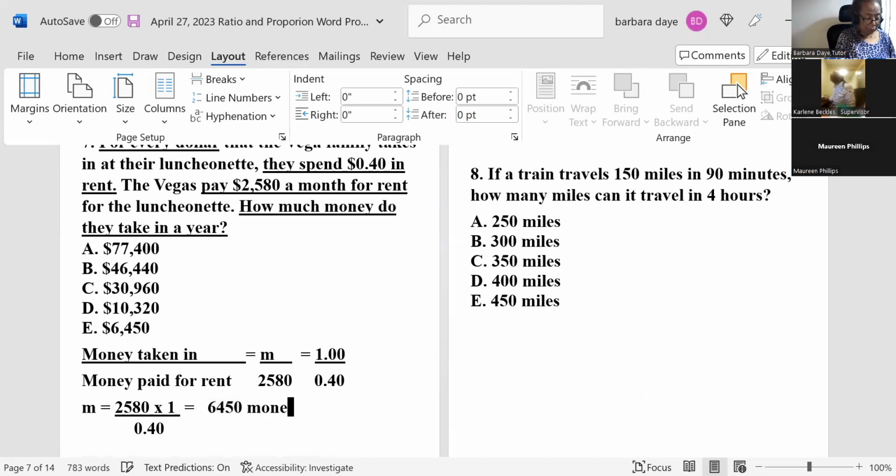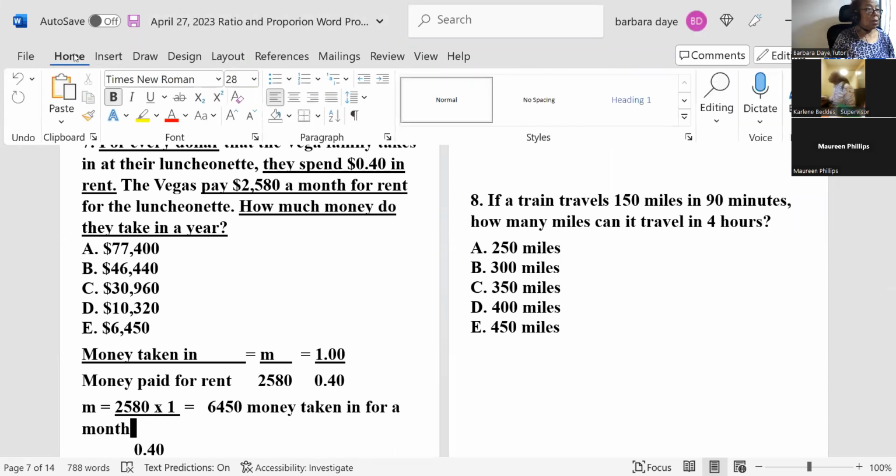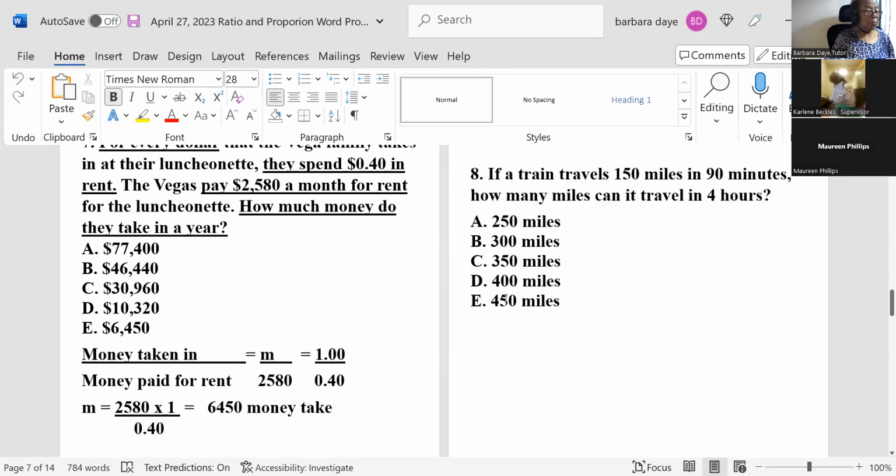Money taken in, no, that's not for rent, that's money taken in, for a month. But this would be months.